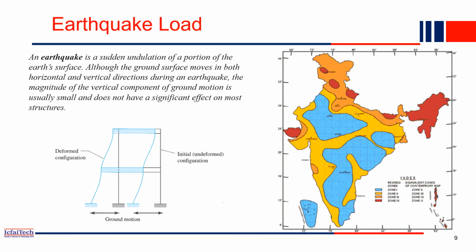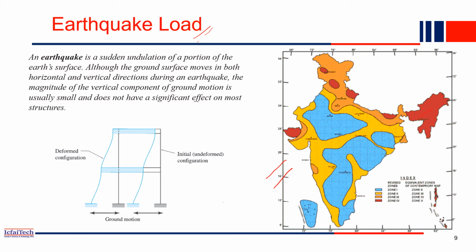And lastly, an important load we have discussed is earthquake load. An earthquake is nothing but a shaking of the ground. Once the ground shakes, our structure experiences an extra load, and because of this load, our structure collapses in some situations. So how do we calculate the earthquake load? You can see this is the seismic zone map of India.